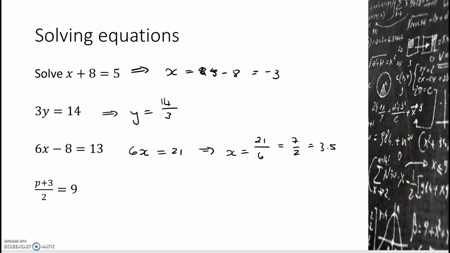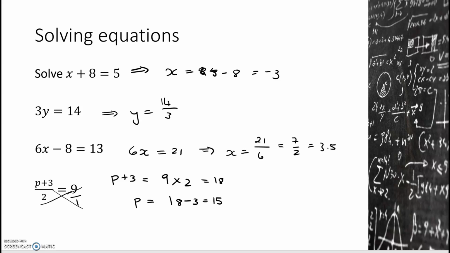Next one, fractions are always a bit tricky, so let's be careful with that. 9 is really 9/1, so that's when we cross multiply, because what we're effectively doing is putting them over the same denominator. So p plus 3 times 1 equals 9 times 2, which is 18. So now we've got something to solve, taking away 3 from each side.